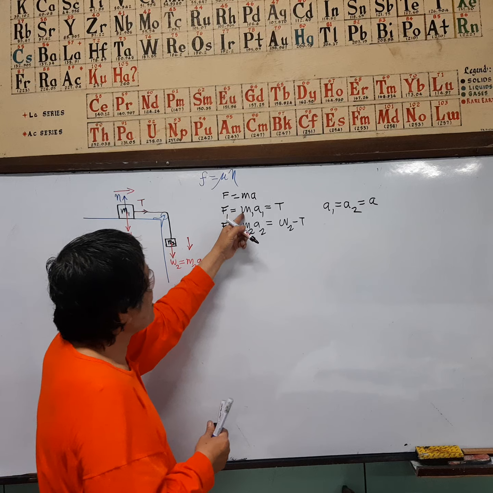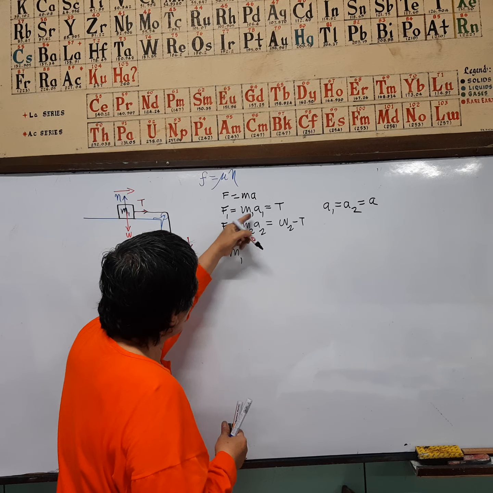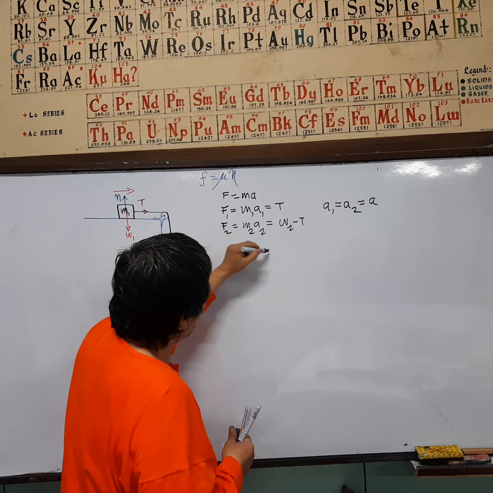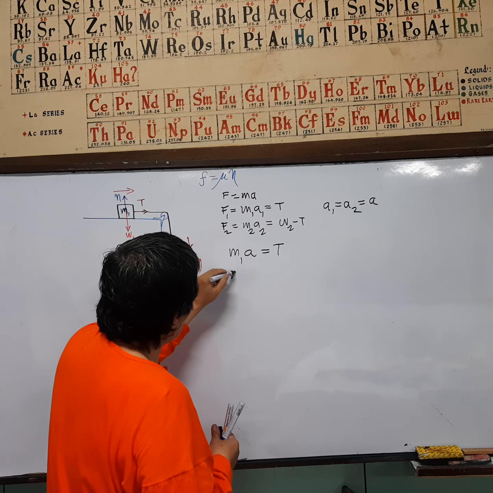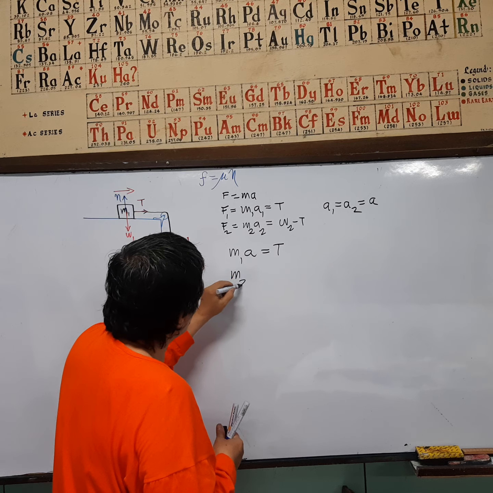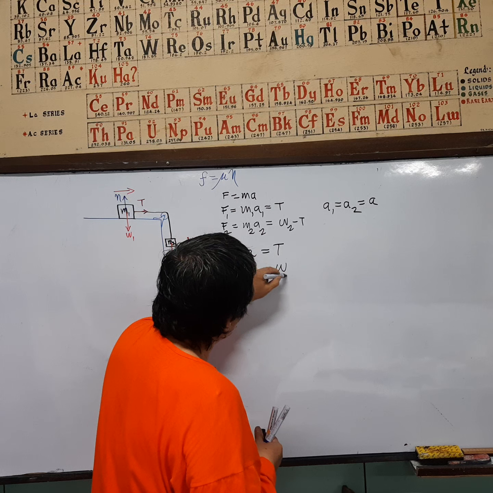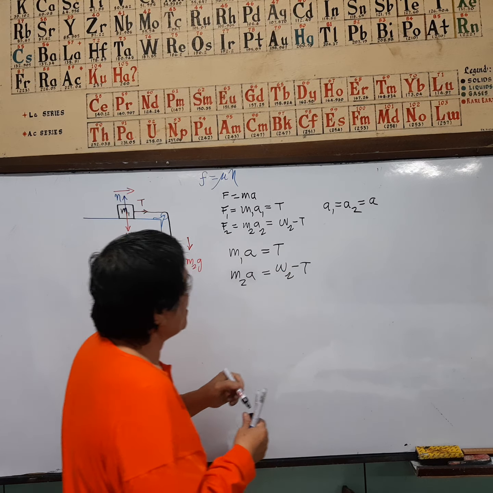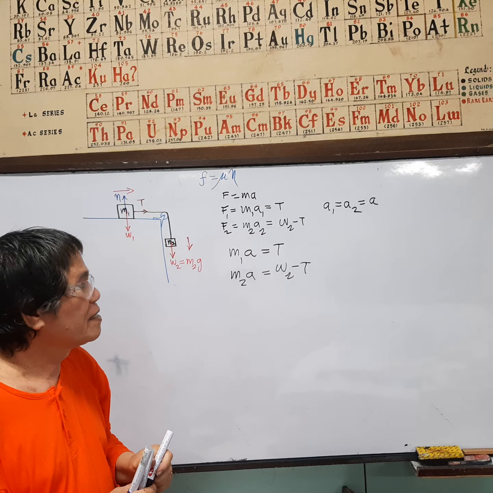And so, for this equation, M1A equals the tension. For this equation, you will have M2A is equal to W2 minus the tension. Okay?